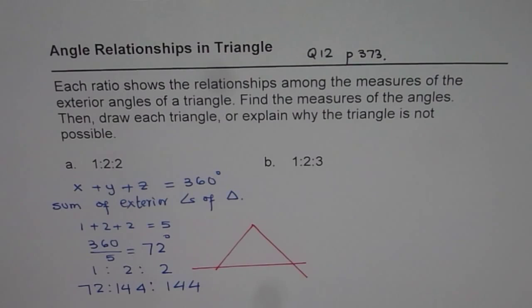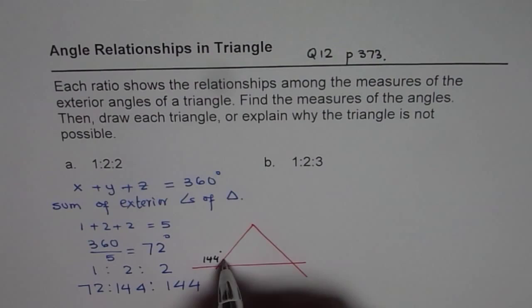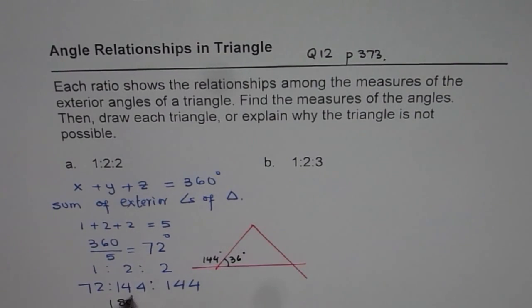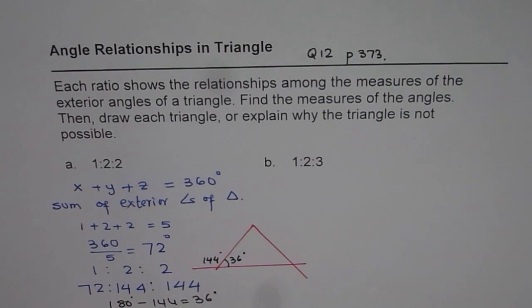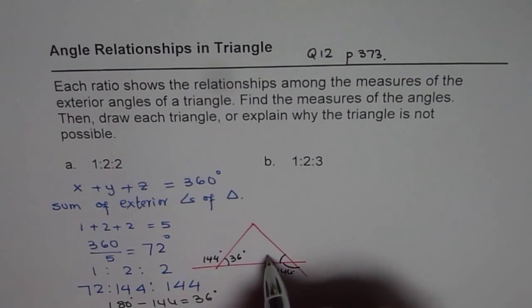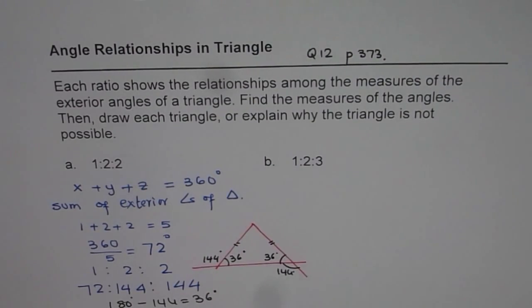Okay, is that okay? Now here, if I have 144 as the exterior angle, let us say this is 144 degrees. In that case, this should be 180 minus 144, right? So this has to be 36 degrees. How do I get it? 180 degrees minus 144 equals 36 degrees, right? And these two will be our equal sides for the isosceles triangle, correct?